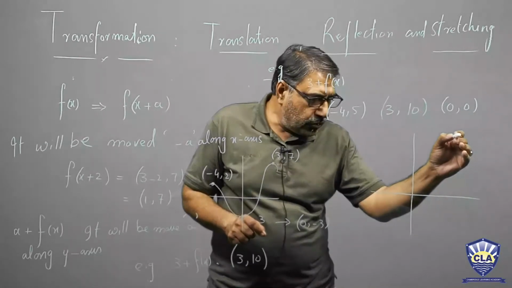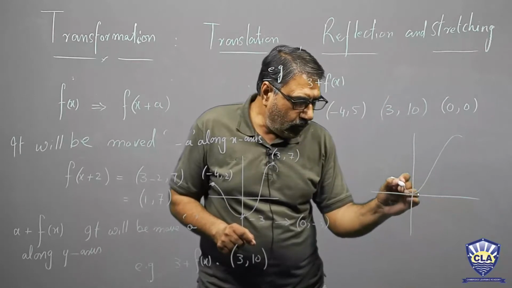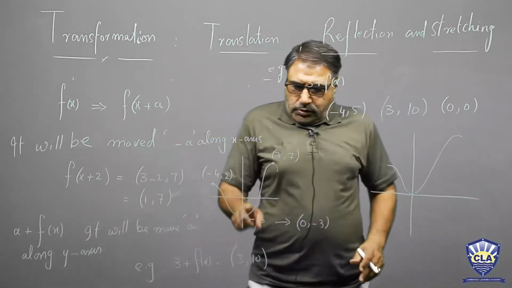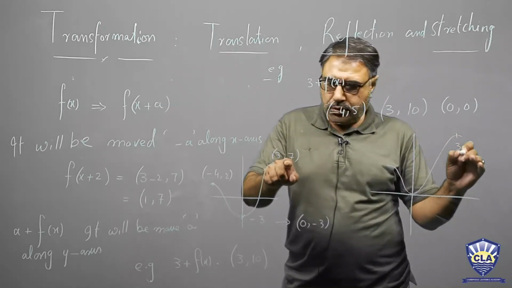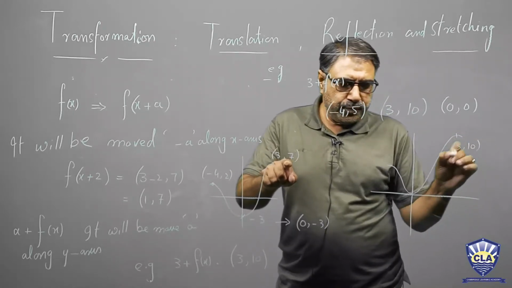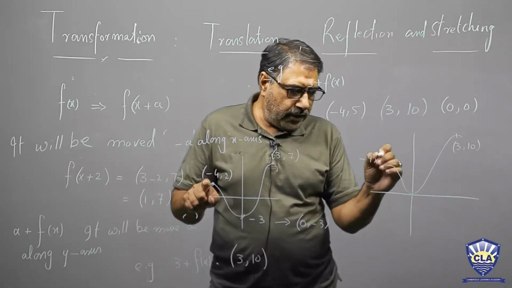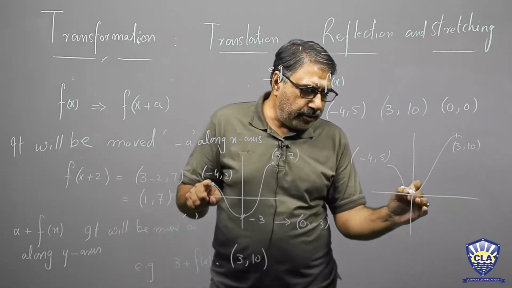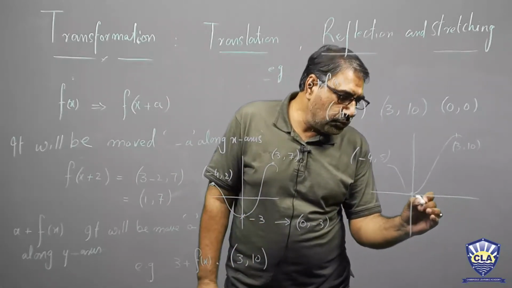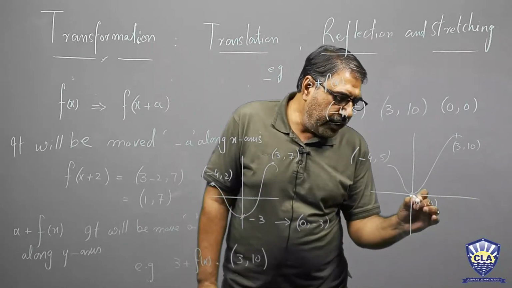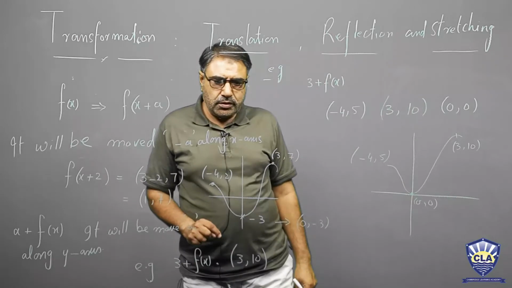Yes, 3 upward, and then shift it to this point, 3, comma 10, and minus 4, comma 5, and this point becomes 0, 0. It is the translated diagram of this curve.